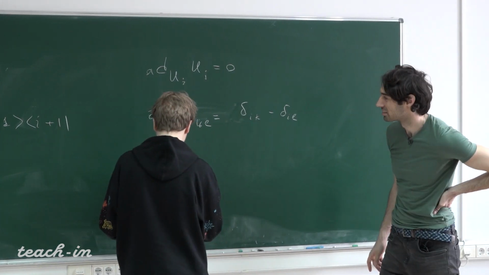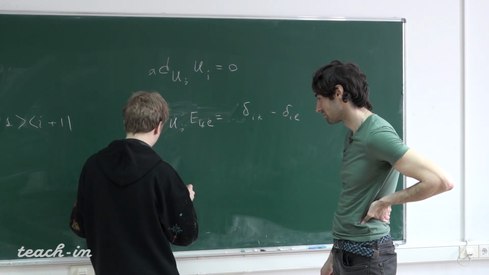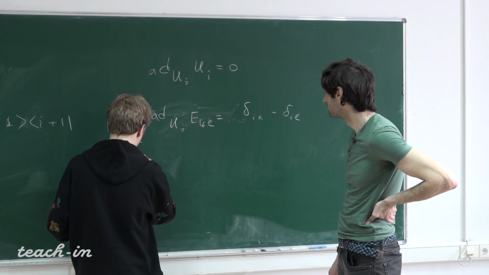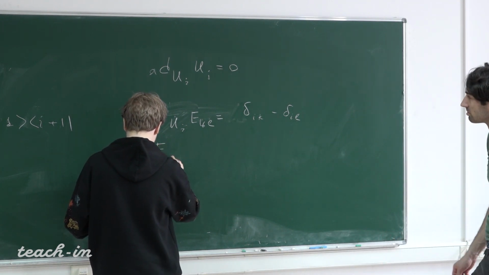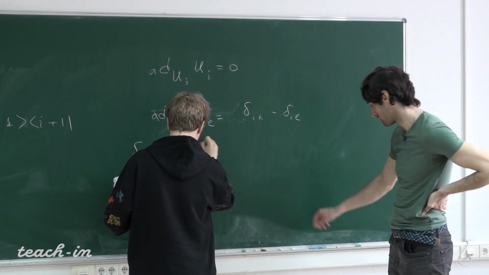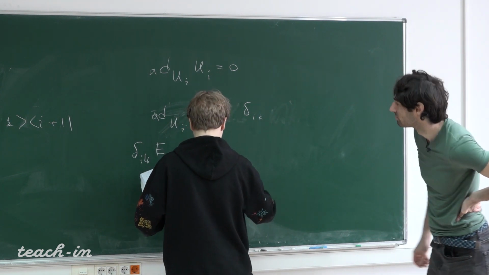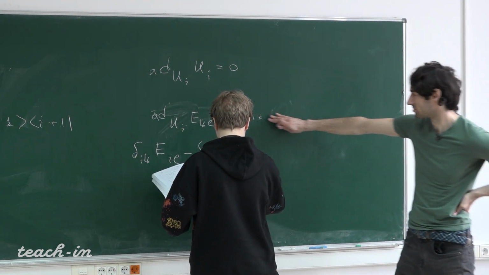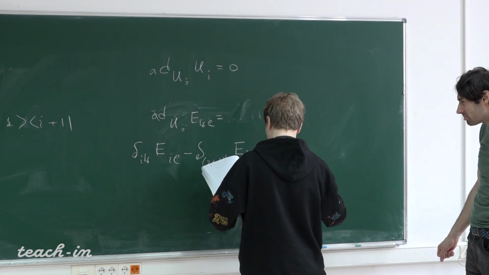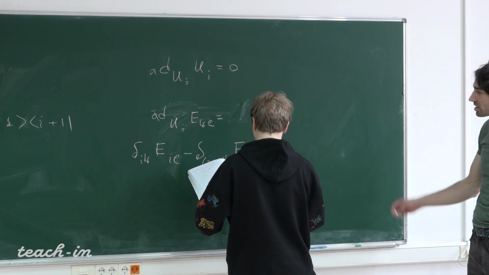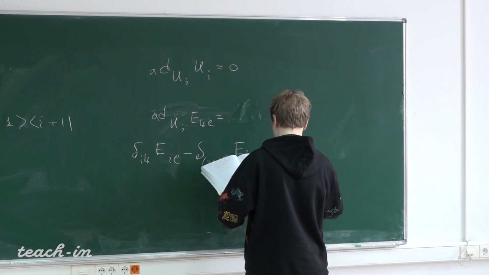What I've got as the expression for this is delta_ik E_il minus delta_{i+1,k} E_{i+1,l}. Yes, what you're writing is correct.